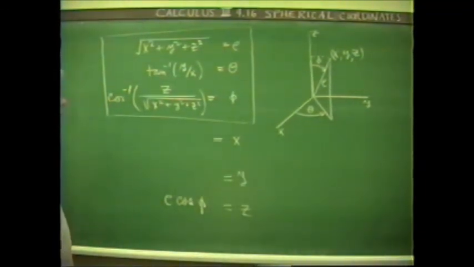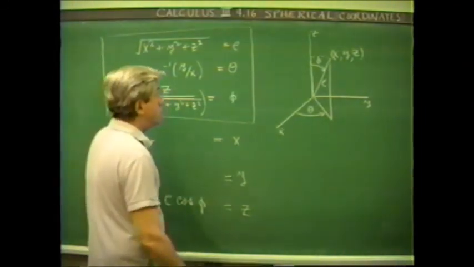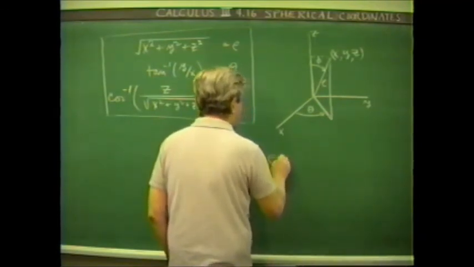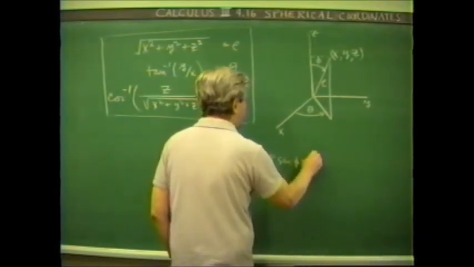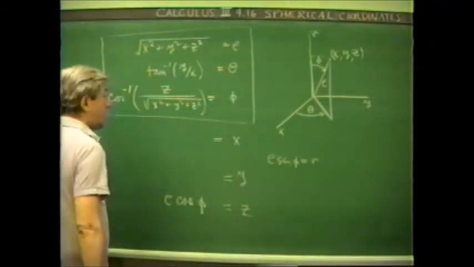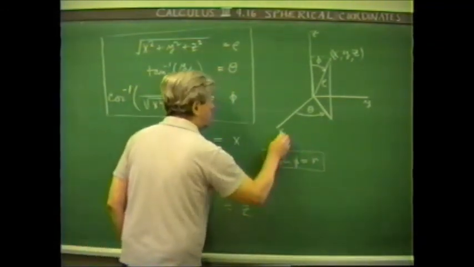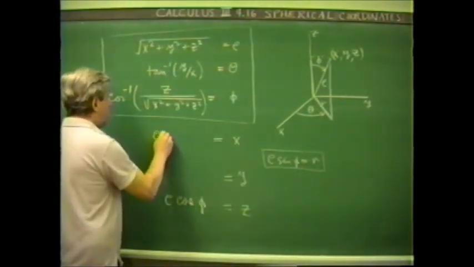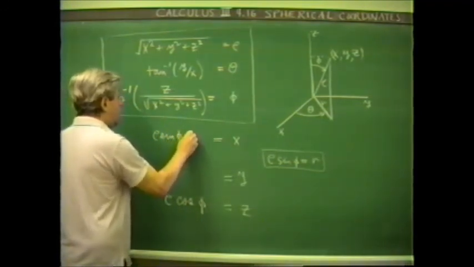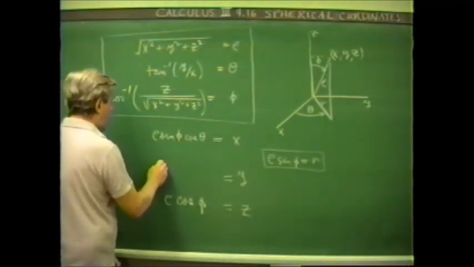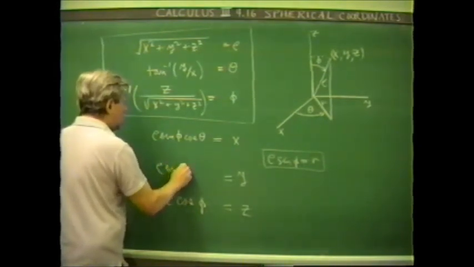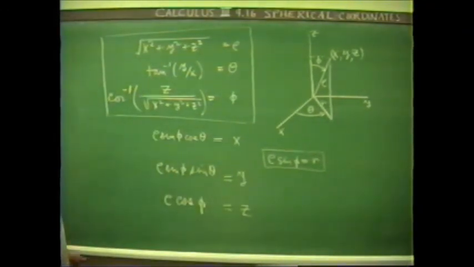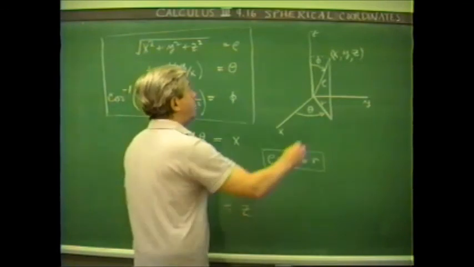Rho sine phi will give us r. So since this is r, as in cylindrical coordinates, then x is going to be rho sine phi cosine theta, and y is going to be rho sine phi sine theta.